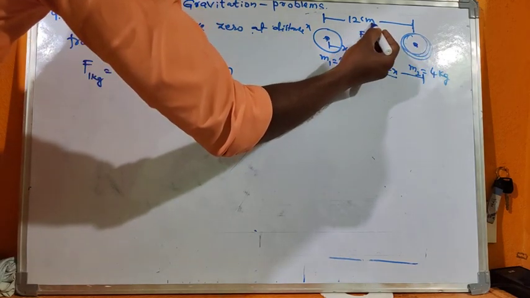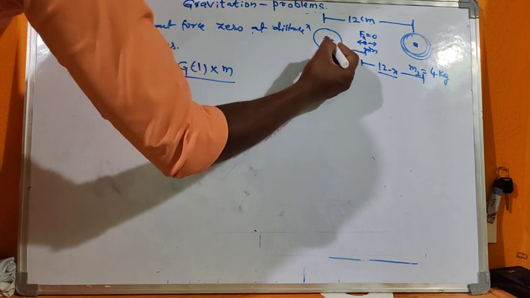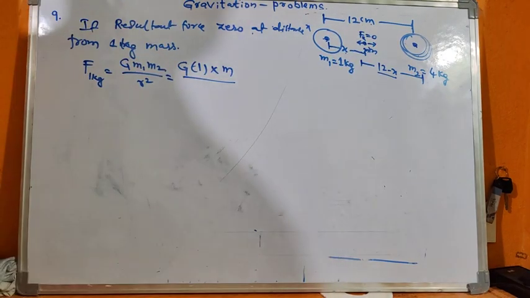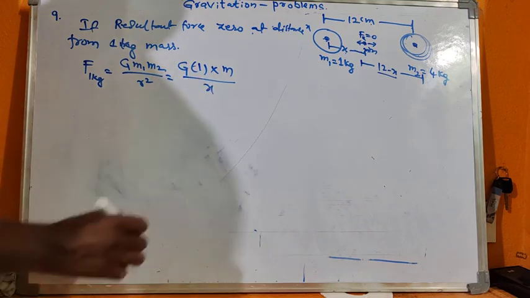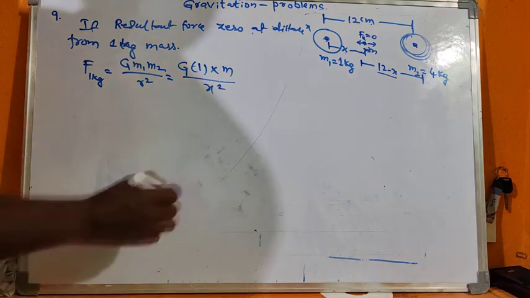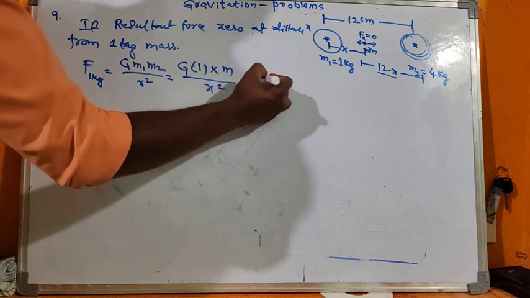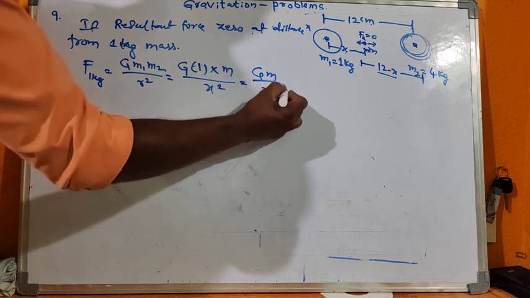So it is x square. This is equal to G m by x square.